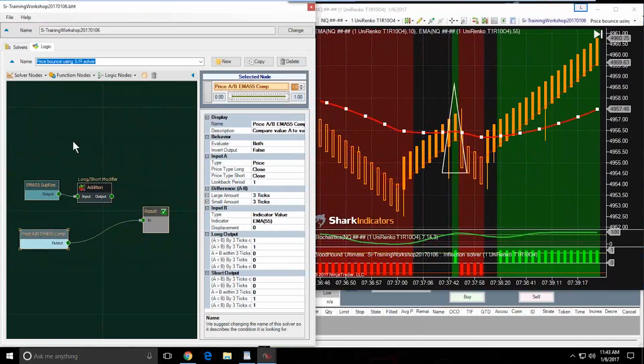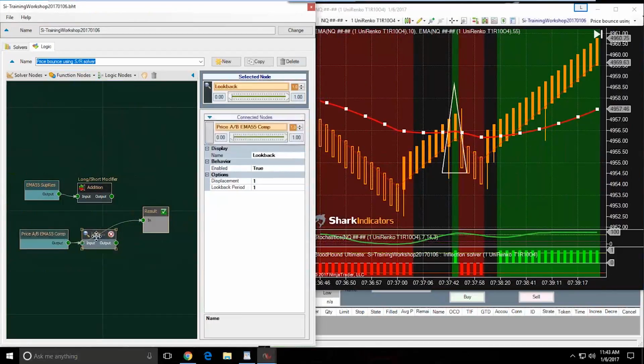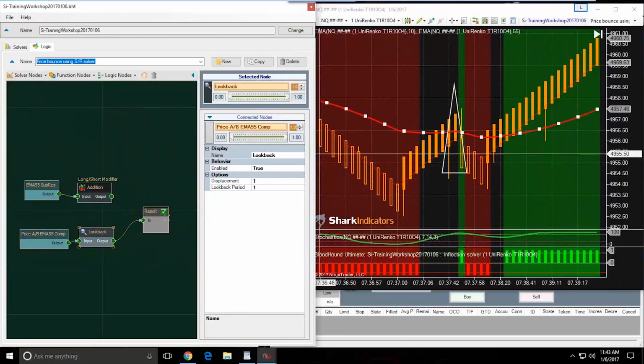The way we can do that is we can use a look back node. Let's go to a look back node here. What the look back does is it looks back onto previous bars. Do we want to use a displacement?